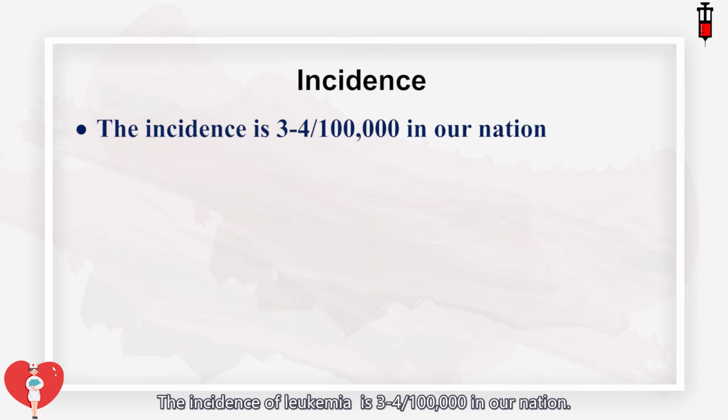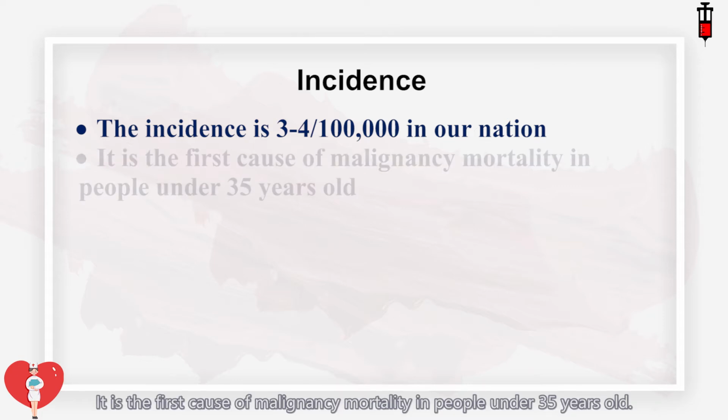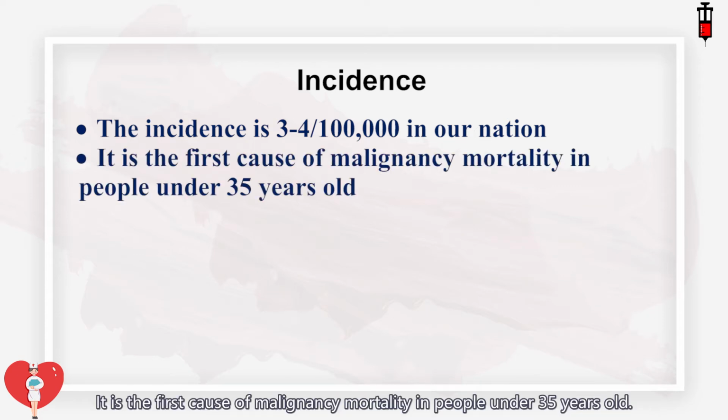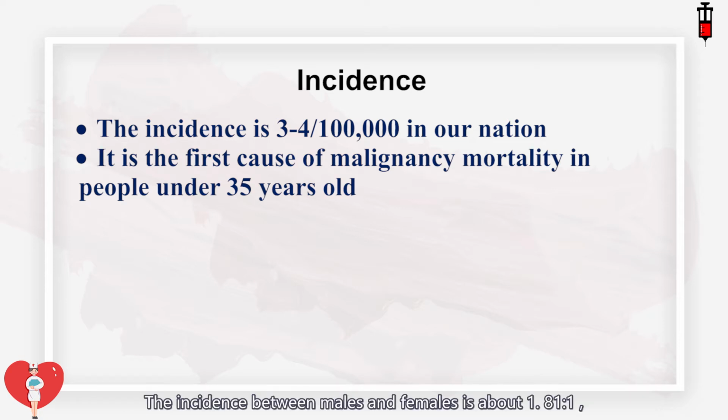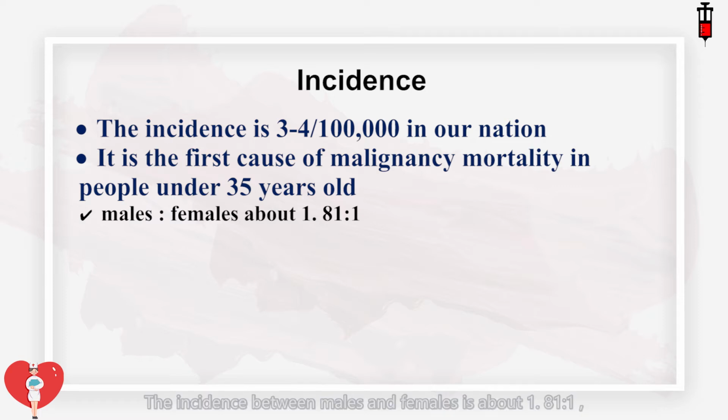The incidence of leukemia is 3 to 4 per 100,000 in our nation. It is the first cause of malignancy mortality in people under 35 years old. The incidence between males and females is about 1.81 to 1.